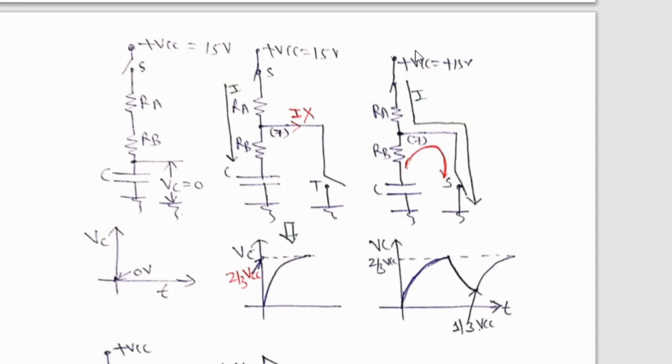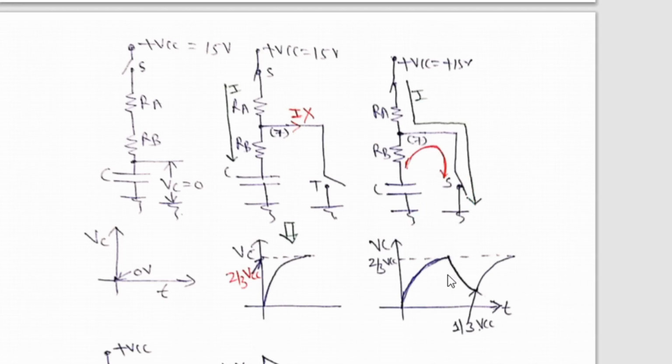Another action: as switch S is closed, the power supply is continuously applied, the current flowing from the power supply goes through RA and observes a short circuit path, the least resistance path. Therefore current goes through the short circuit path. And capacitor C, which was already charged to 2/3 Vcc, will discharge through RB.